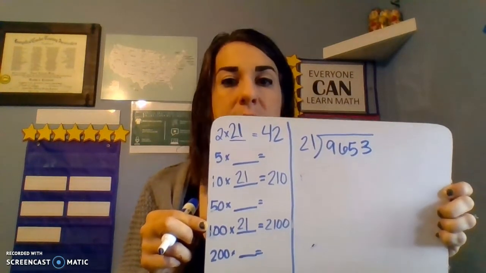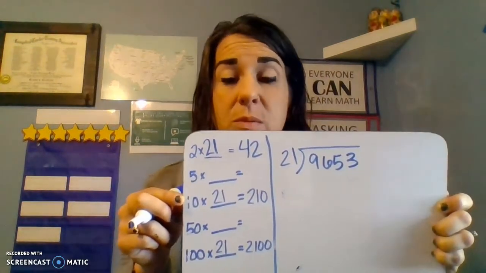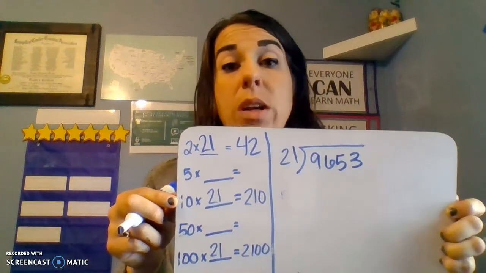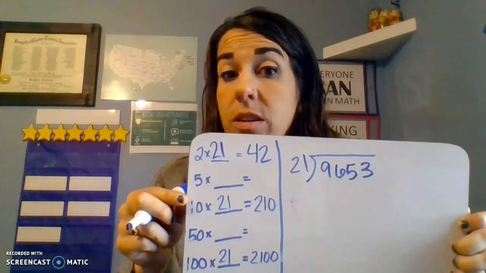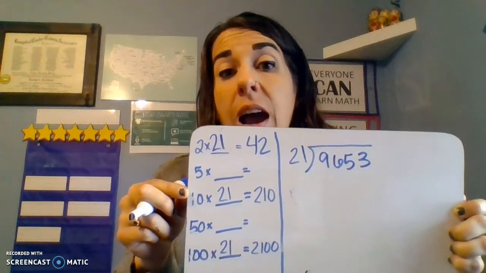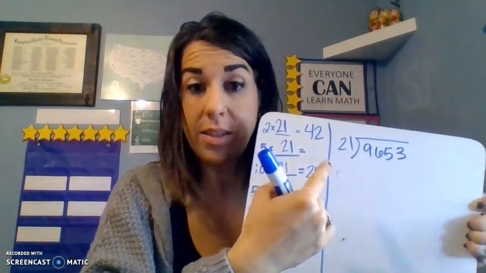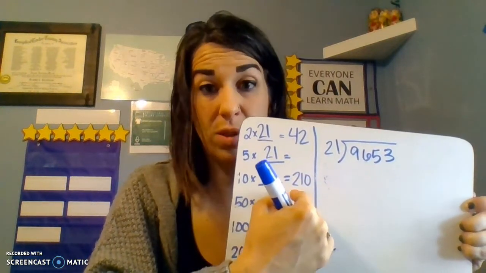Then this is where it becomes pretty exciting, and you can use mental math. Because I know that 10 times 21 is 210, and I know that 5 is half of 10, I can figure out that the product of 5 times 21 is going to be half of 10 times 21.